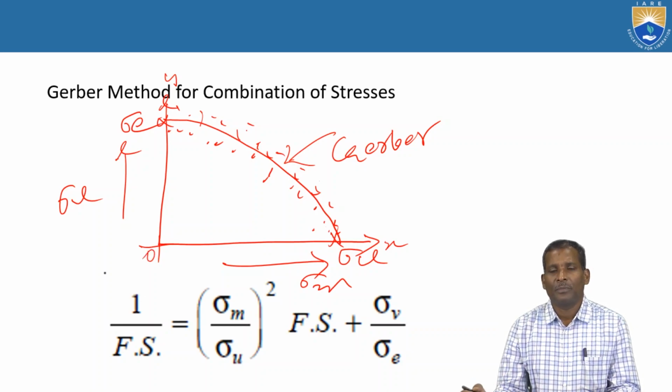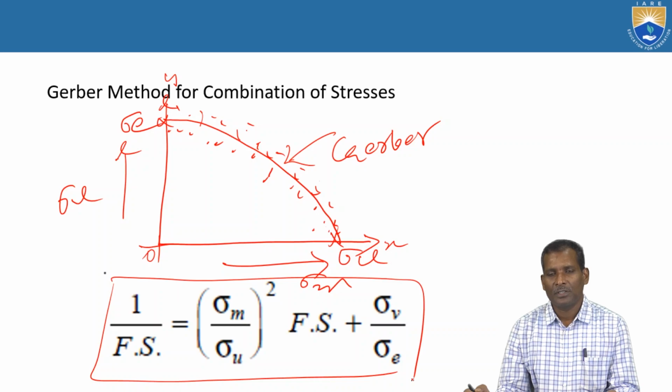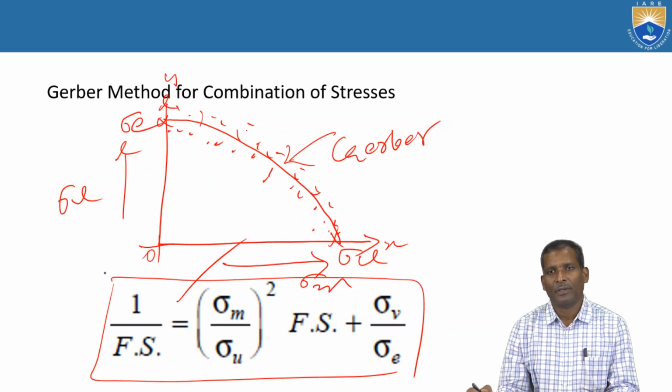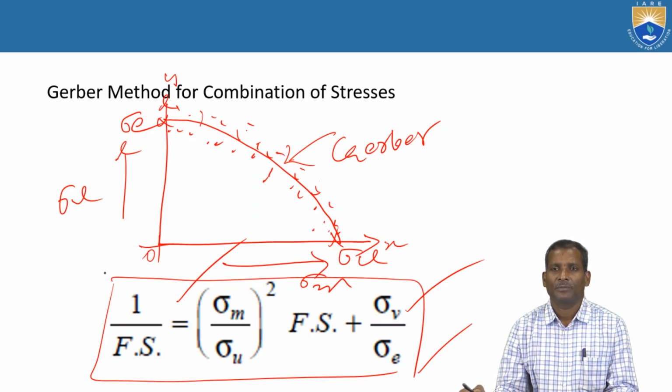By using this method, one equation is derived for calculating the design parameters of a mechanical component. 1 by factor of safety is equal to mean stress upon ultimate stress, whole square, plus sigma V by sigma E, variable stress by the endurance limit value.